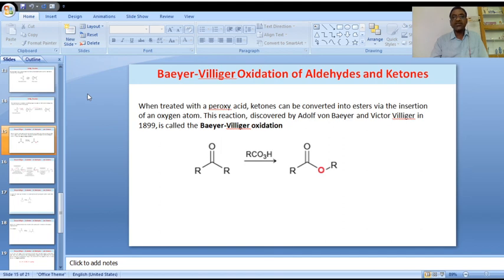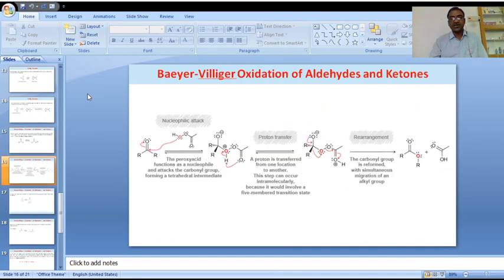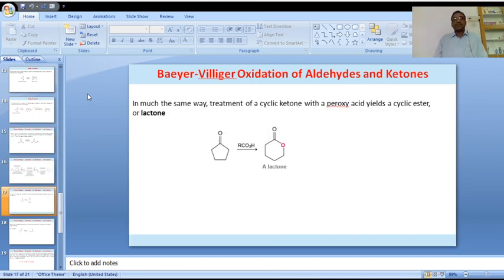This is the main Baeyer-Villiger reaction in a normal chain. Treatment of a cyclic ketone with a peroxy acid yields a cyclic ester, also called a lactone.